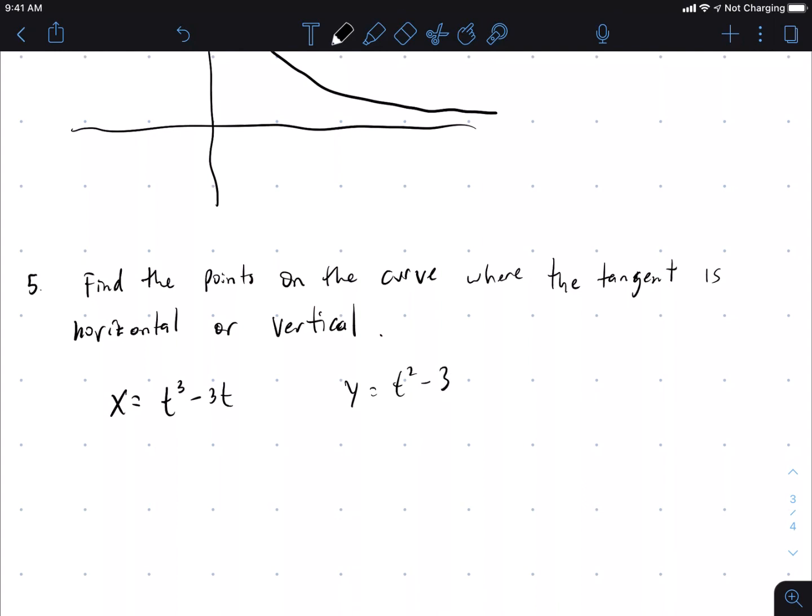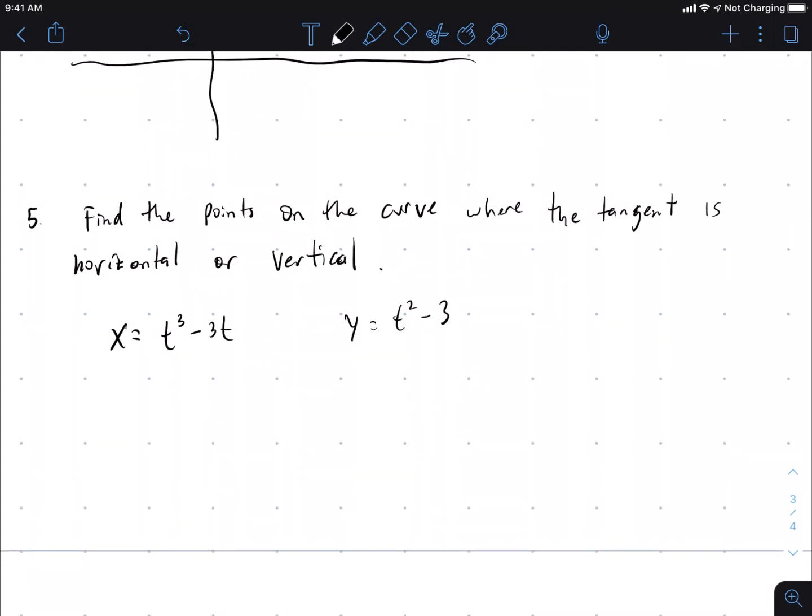All right. So to find the horizontal, what do we need? We need the derivative, right? And the derivative needs to be equal to what to be horizontal? 0. Good. So what is the derivative in parametrics? dy over dx. So that tells me that I'm going to get dy dt over dx dt, correct?